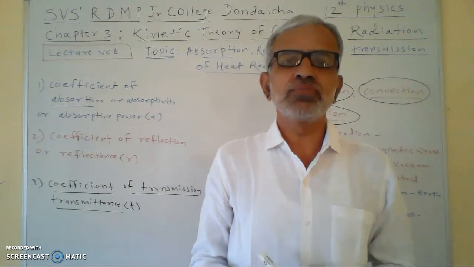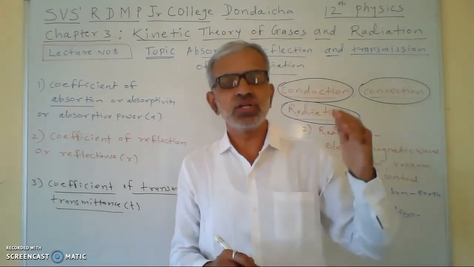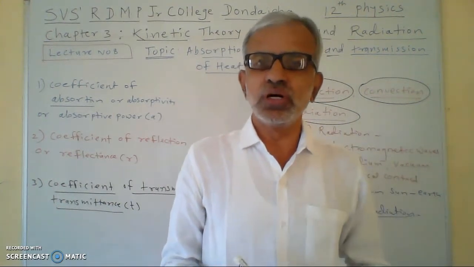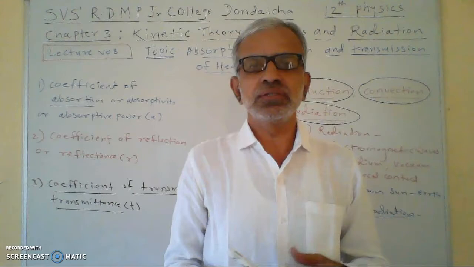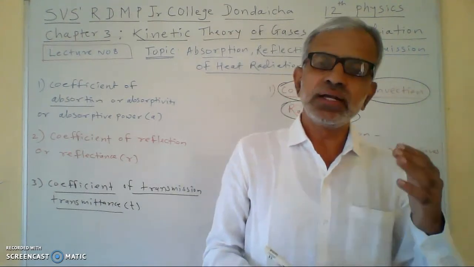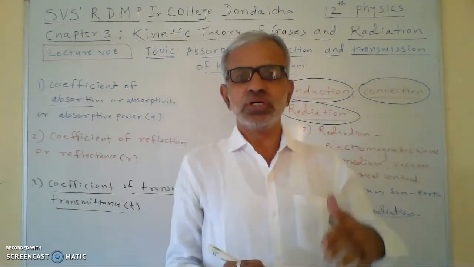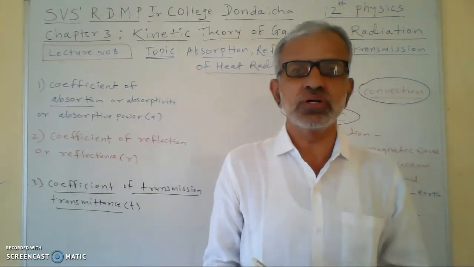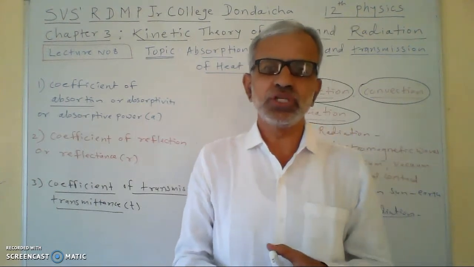It is a good example of radiation of thermal energy from the sun to the earth. There is a vacuum between sun and earth, there is no material medium, and even then heat energy travels from the sun to the earth. That is an example of radiation.